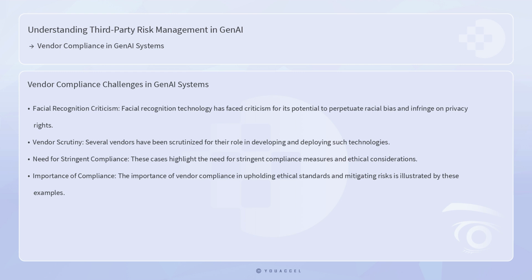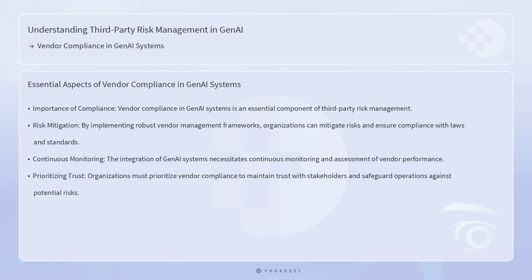In conclusion, vendor compliance in GenAI systems is an essential component of third-party risk management, requiring organizations to navigate complex regulatory, contractual, and ethical considerations. By implementing robust vendor management frameworks, organizations can mitigate risks, ensure compliance with laws and standards, and uphold ethical principles.